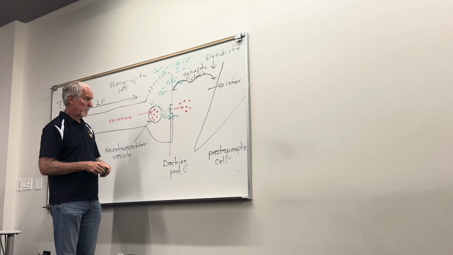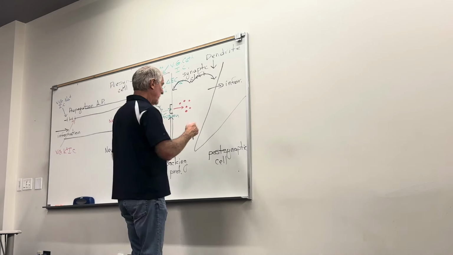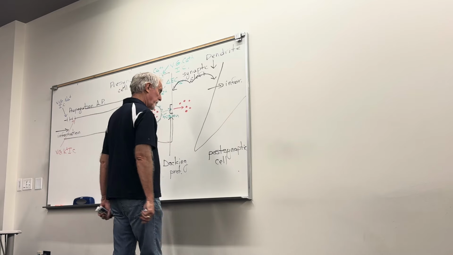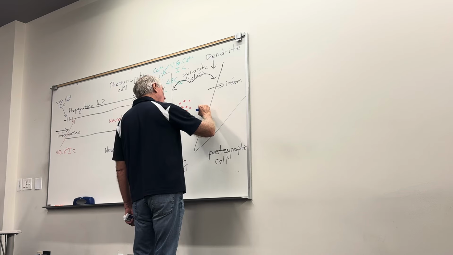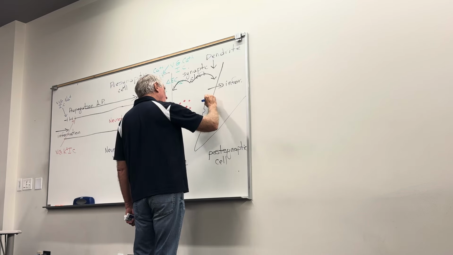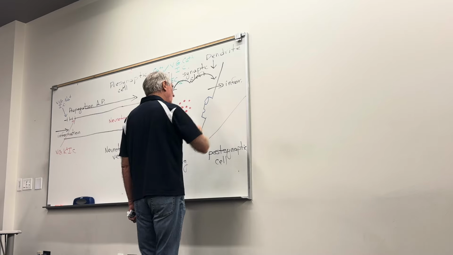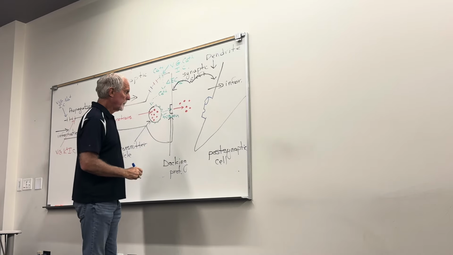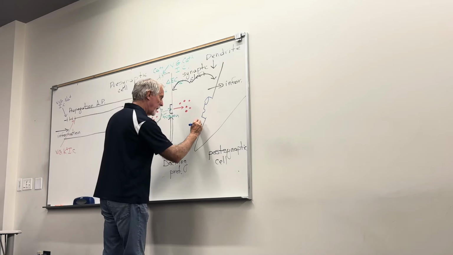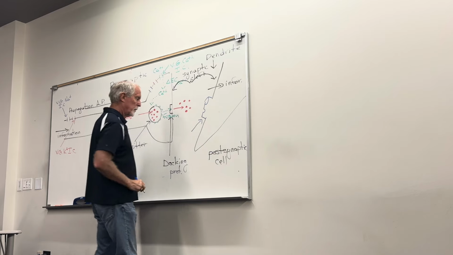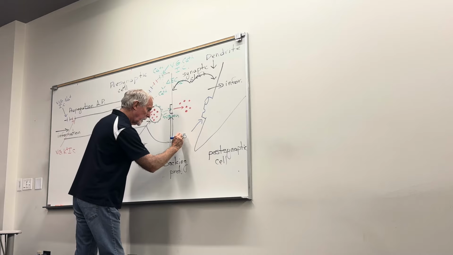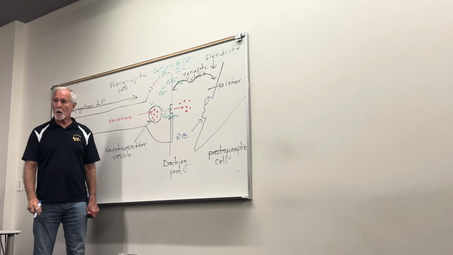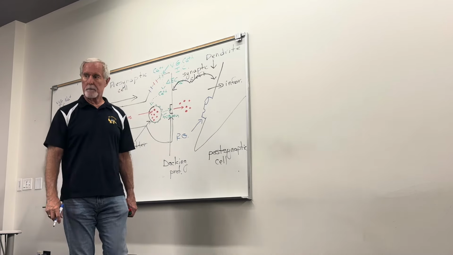Let's say that within the membrane of the dendrite of this postsynaptic cell, there are these receptors, and since I've shown it in blue, we're going to call this a receptor gated, so RG, receptor gated.